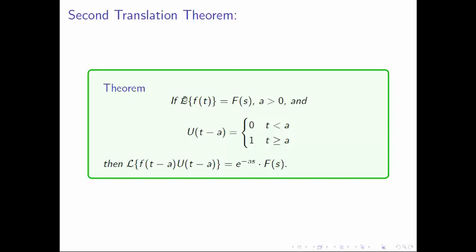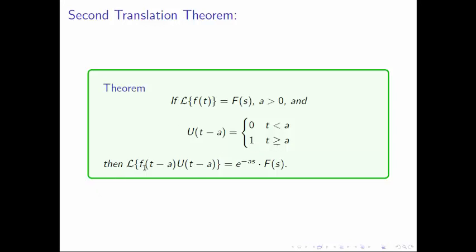And once you understand the unit step function, or the Heaviside function, then the second translation theorem says that if you, again, know the Laplace transform of a function for a constant a greater than 0, so we will use this for only values from 0 and greater for this theorem, by the way.